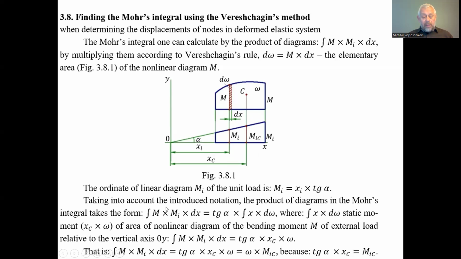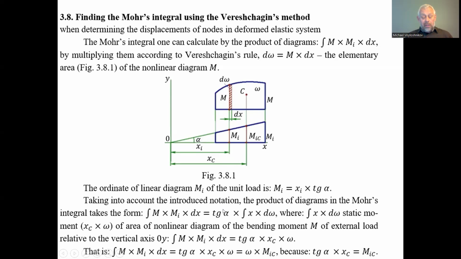So considering the introduced notation, the product of diagrams in the Mohr's integral takes the form of the product of two diagrams, and this is equal to the increment of this area, equal to the product of the tangent alpha assumed.